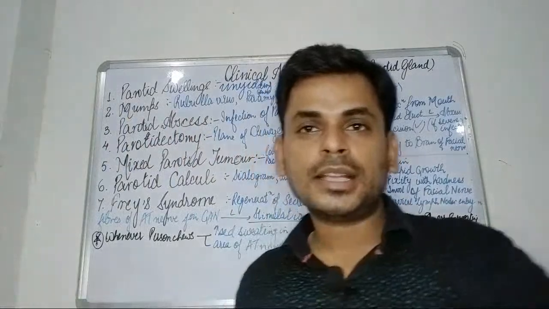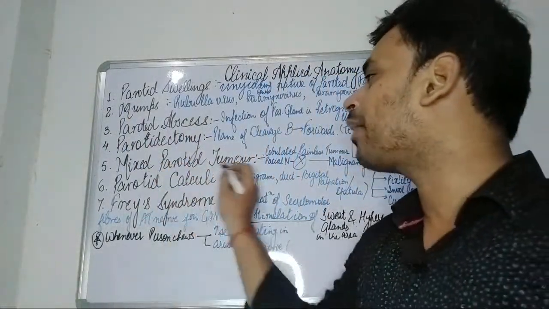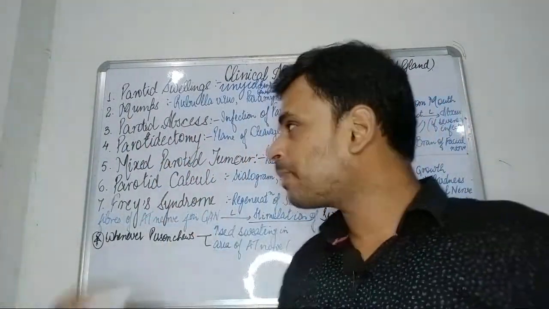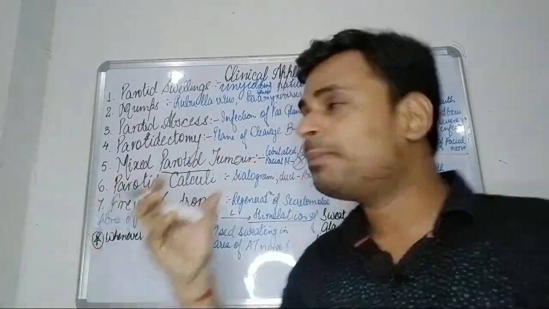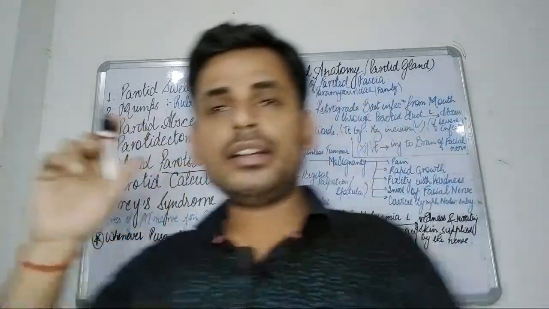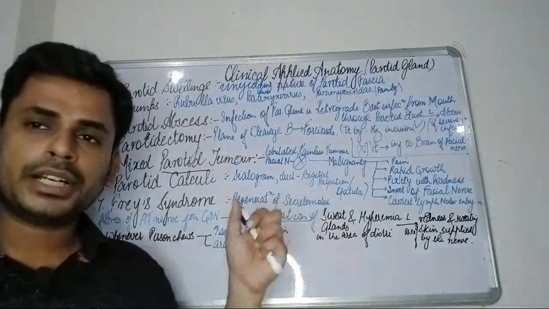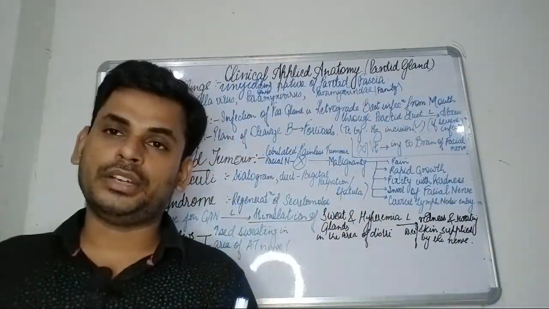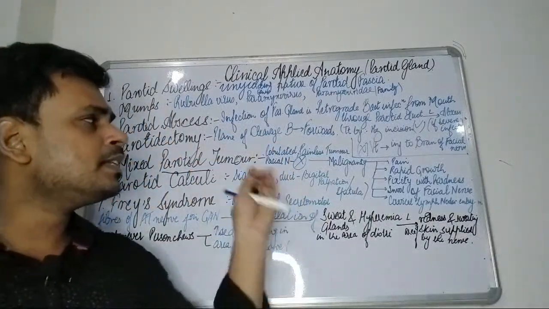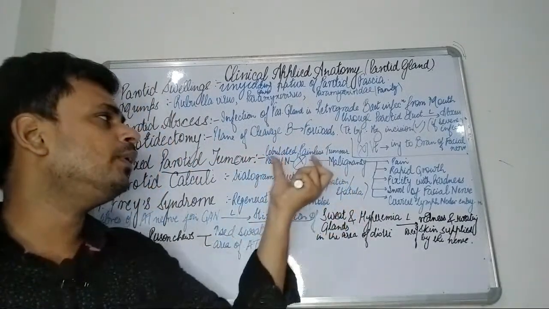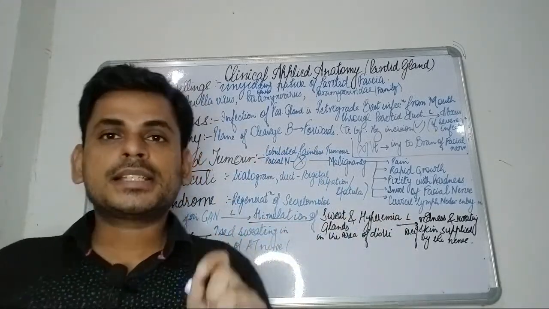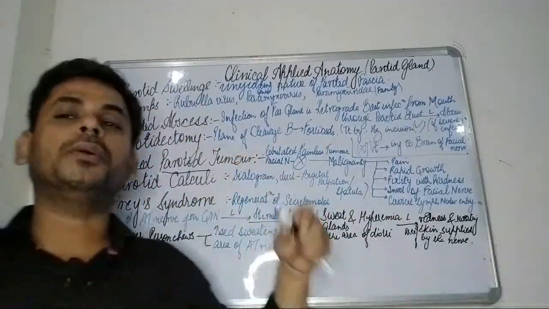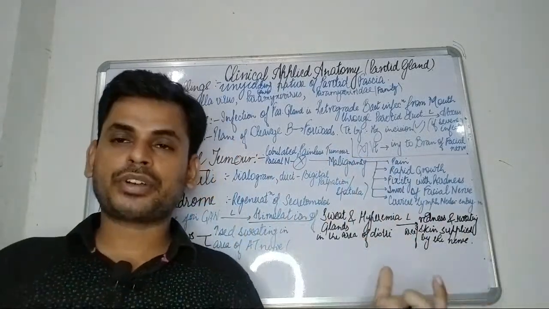Now the next important point is the mixed parotid tumor. It is mostly a benign, lobulated, painless tumor, and the facial nerve is not involved. It is a painless, slow-growing lobulated tumor without involvement of the facial nerve. But sometimes this mixed parotid tumor undergoes malignant transformation.